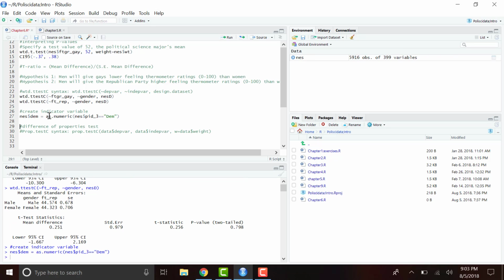So that has created our indicator variable, and now we're going to use prop.testC to evaluate gender differences in the proportion of Democrats. So here our syntax is right above us in line 30.